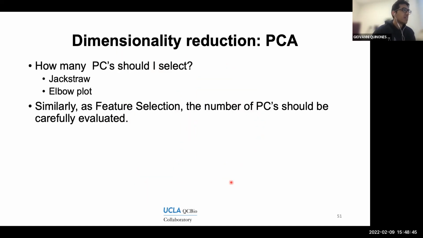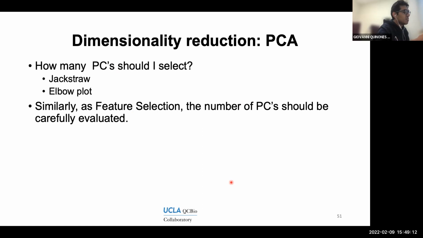And lastly, when it comes to PCA, the question is, okay, so we can use two PCs to represent our data in two dimensions, but how many PCs should I actually select? Because we just saw that there are so many limitations with PCs, and these limitations are more significant the fewer PCs you select.